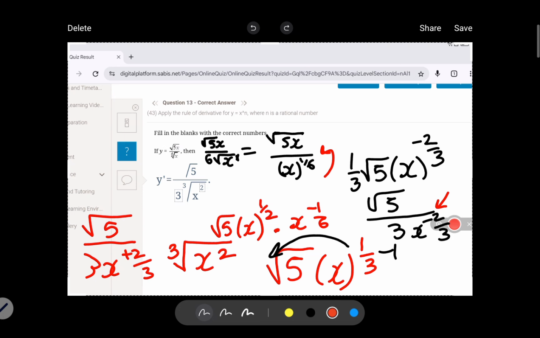Here it's plus, sorry, not minus, because we moved it down. So it will be radical 5 over 3, with a small 3 over radical x to the power of 2.